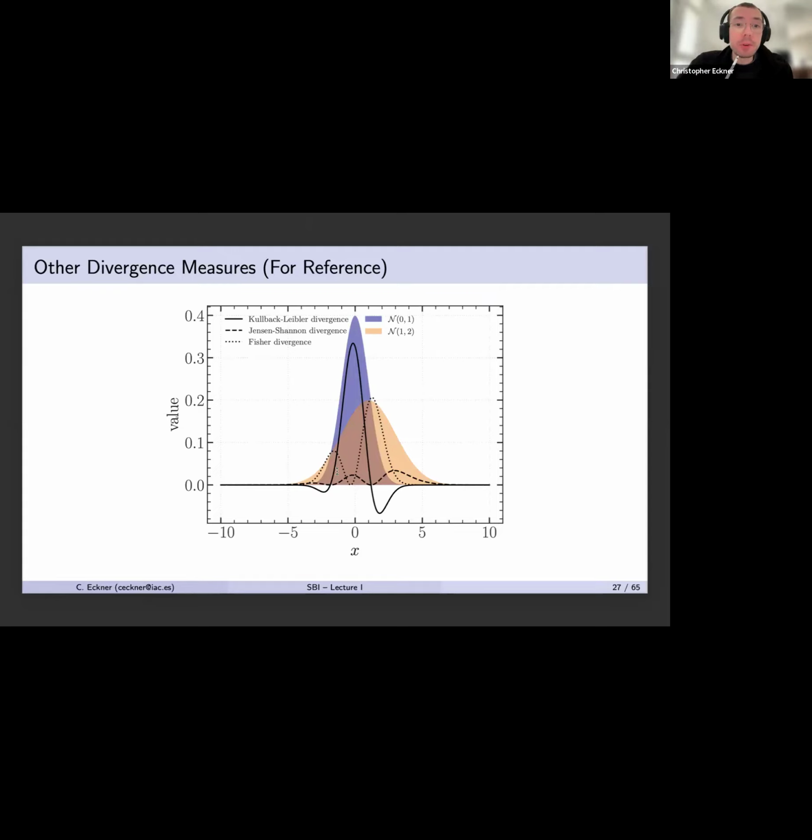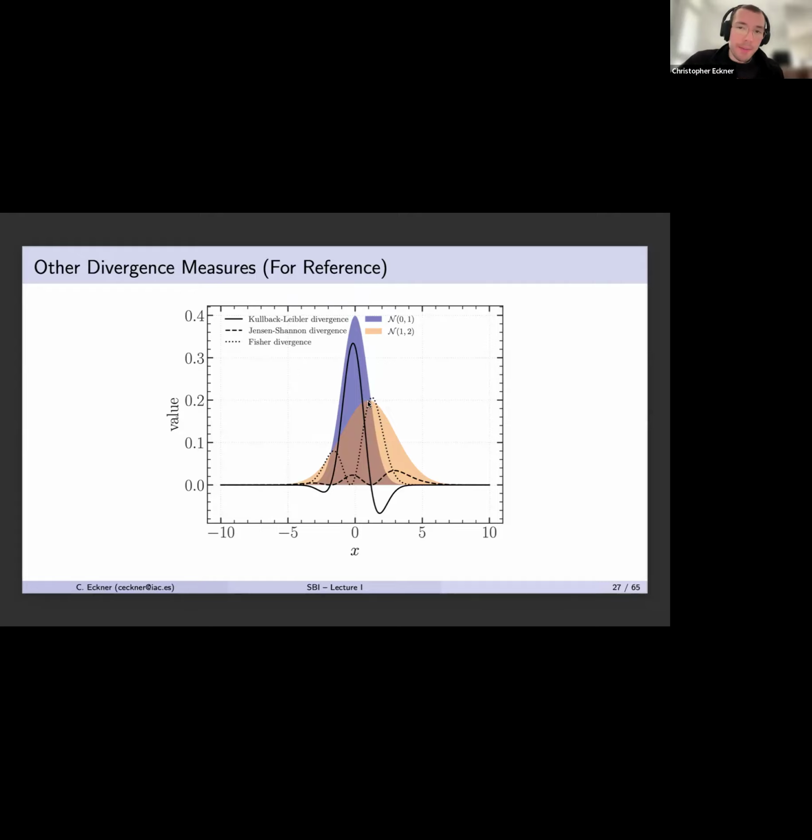Let's say distribution P is here in blue, a standard normal centered at 0 with a standard deviation of 1, while the distribution Q is another normal distribution but centered around 1 with a standard deviation of 2.